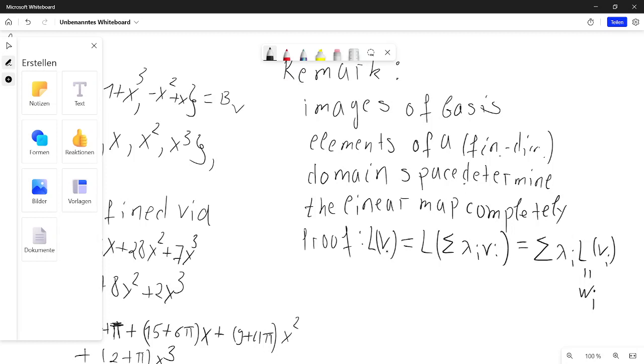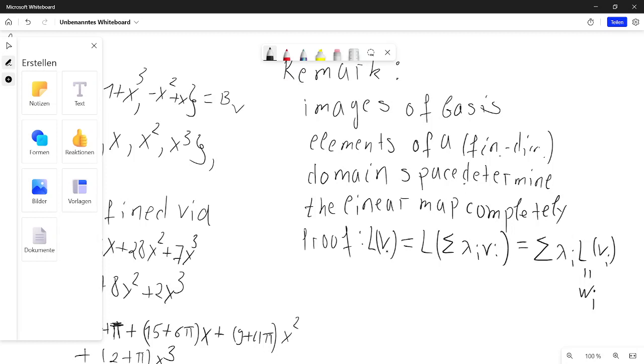Right, so for any vector that must hold, and then this image is completely determined by that, because the coordinates are uniquely determined with respect to this given basis.